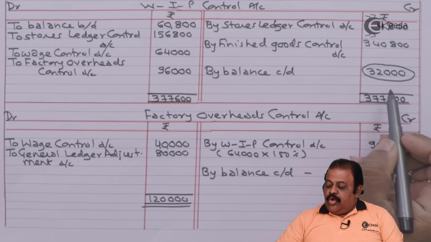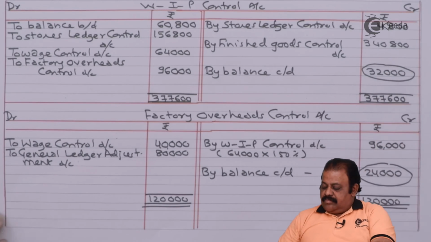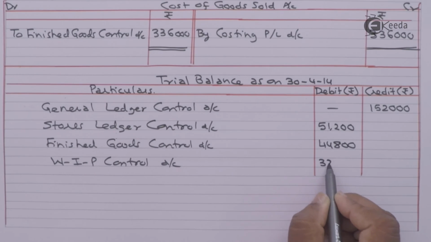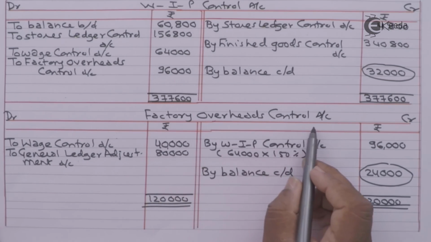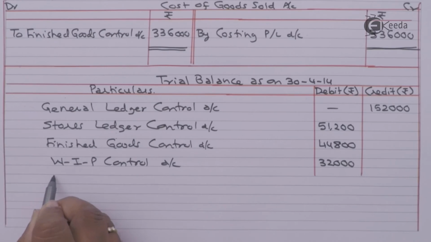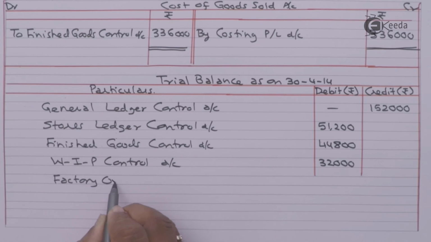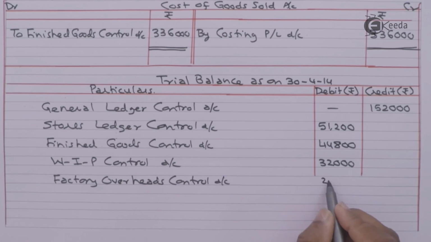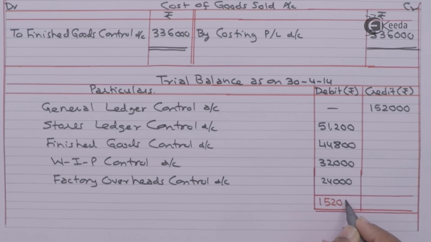Closing balance of WIP control account 32,000. Factory overheads control account balance to be carried forward 24,000. Here total of debit and credit side of trial balance is tallying 1,52,000.